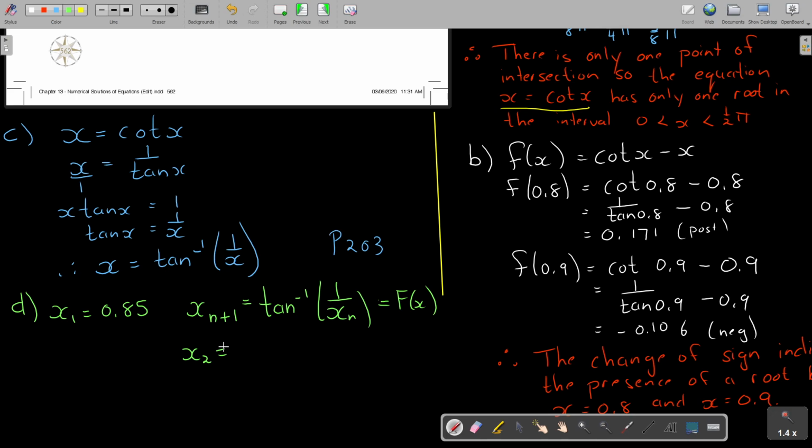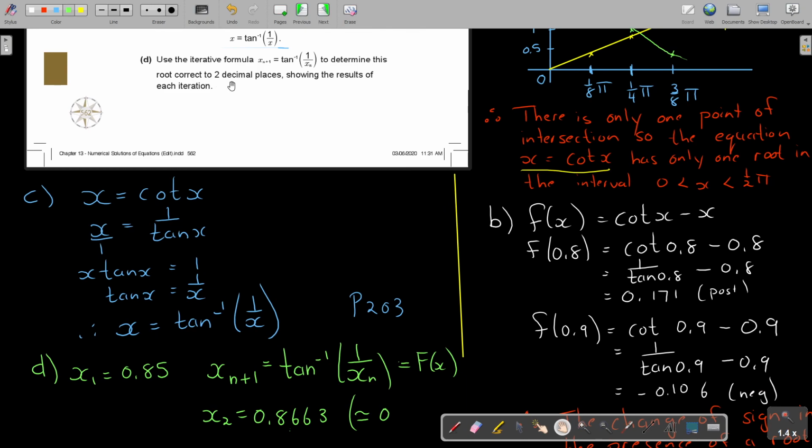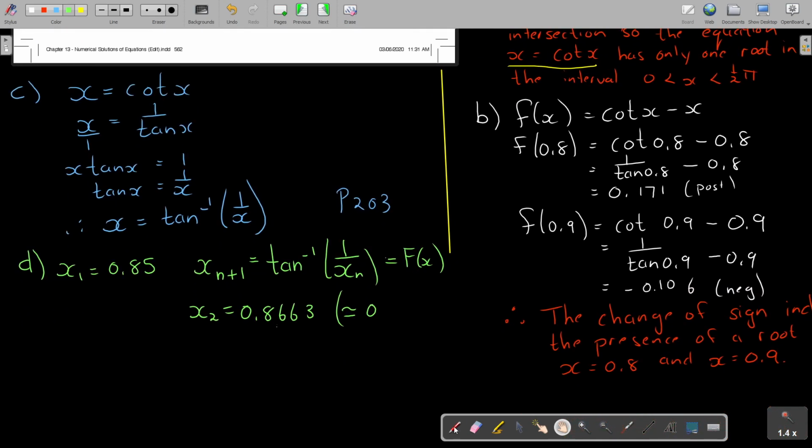And what do I get? I get 0.8663. I think if we make it 4, then it will be fine. And we approximate it to 2 decimal places. Just want to control to see if it was 2. Yes, 2. Do you see? 2 decimal places. So it's 0.87. And remember, just press equal.